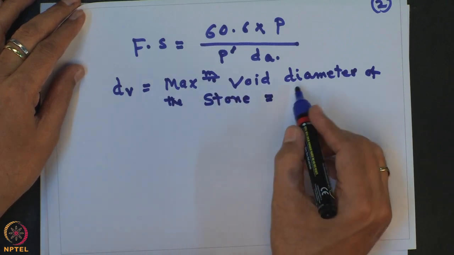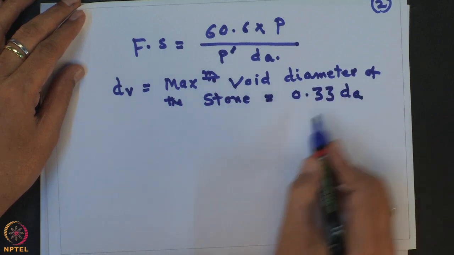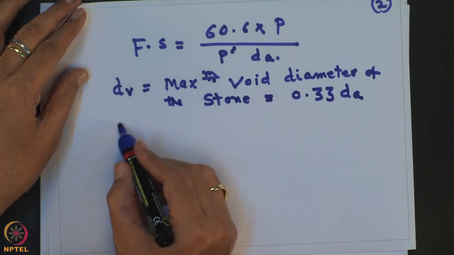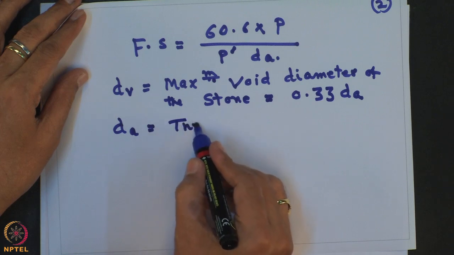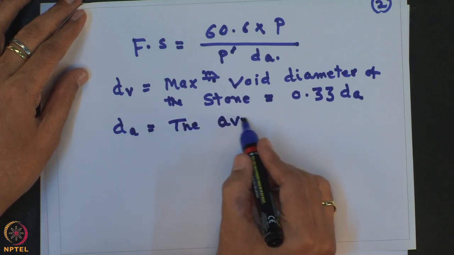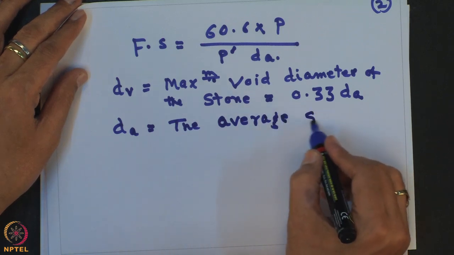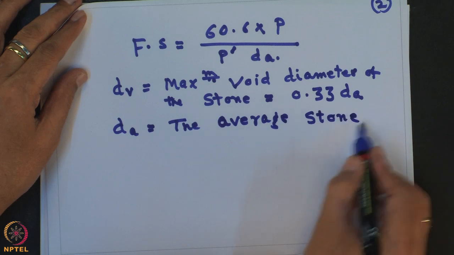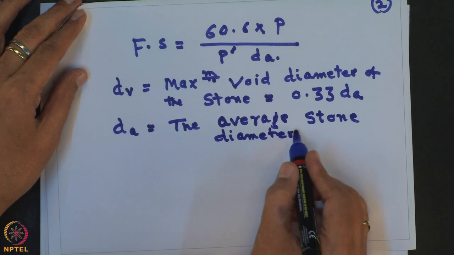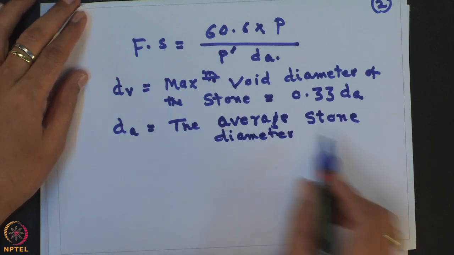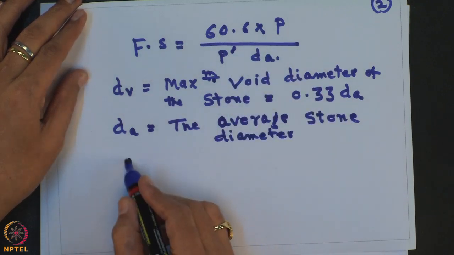This will be equal to 0.33 D of A, where D of A is the average stone diameter. Average stone diameter.